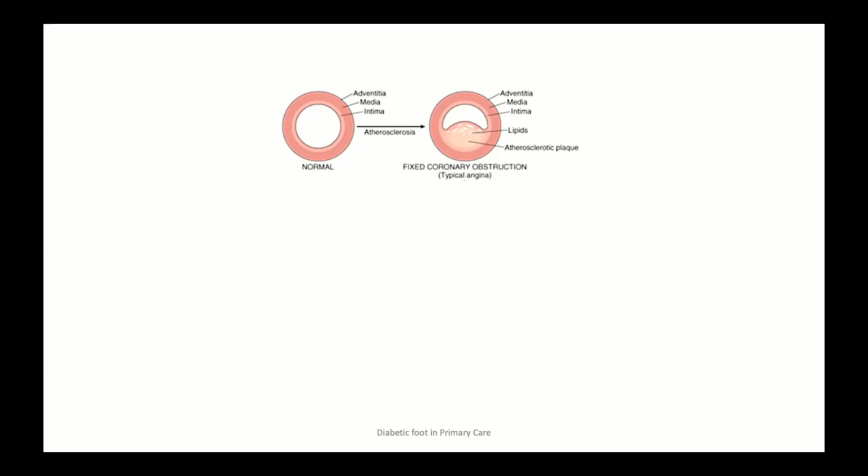And therefore, the patient builds up lactic acid, there's going to be pain, and there's angina. As the patient rests, the pain disappears and he can walk again. So that typical angina that you see in coronary disease is something like intermittent claudication of the leg. That is basically angina for the lower limb vessels.